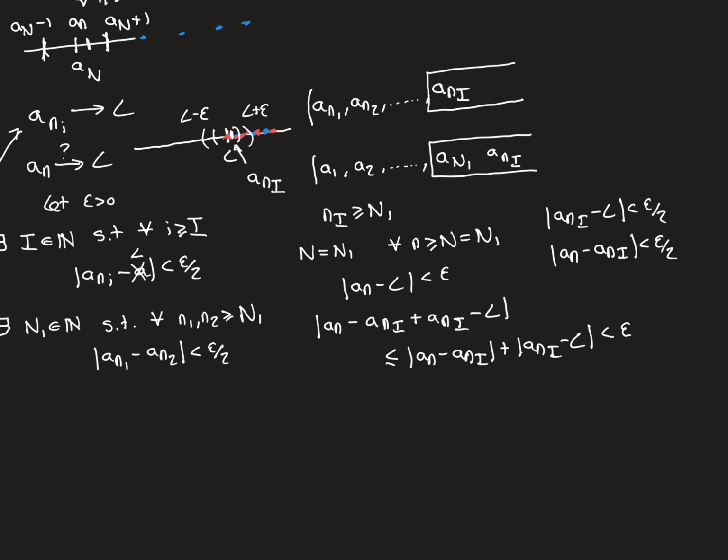On the picture, what we've done is here is a_{n_i}, and because a_{n_i} is in this tail end of the sequence, for which any two terms beyond this N1 have a distance between them less than epsilon over 2, I could try and draw it on this picture, but it's going to get incredibly crowded. Imagine putting an epsilon over 2 size interval around a_{n_i}, and in fact, I will try and draw it in a different colour. We'll go green.